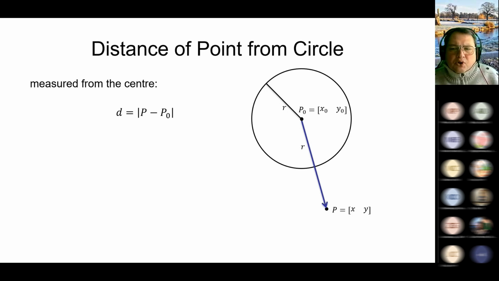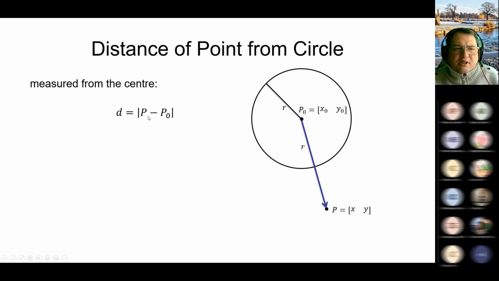You should know by now that you can add coordinates, you can subtract coordinates. There is not a problem because coordinates can be represented as vectors, and the operations of addition and subtraction of vectors are well defined. So we know what it means. Coordinate of P minus coordinate of P0. And by doing this subtraction, we actually create a displacement vector, which is shown here as this blue vector.